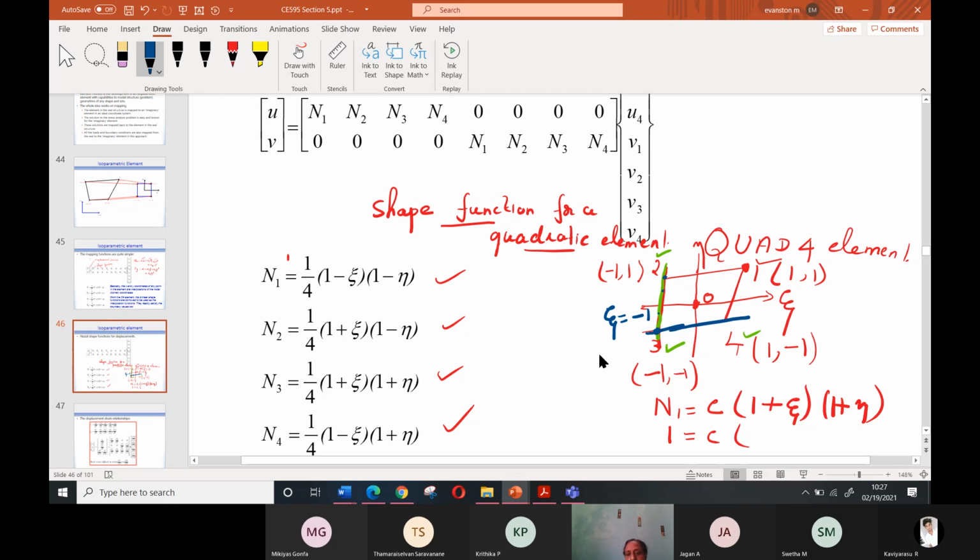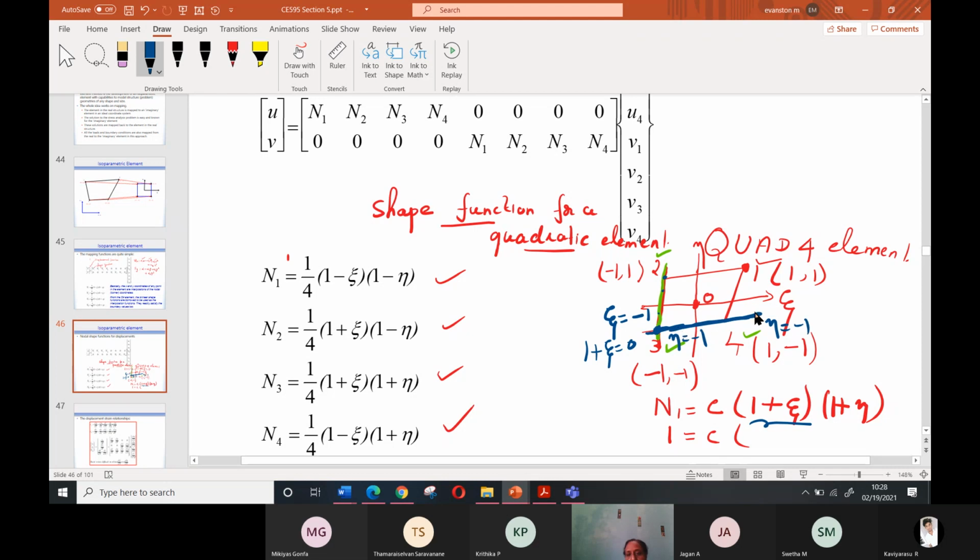So that's why I have written 1 plus xi is equal to 0. All the other quantities should not be equal to 1; that quantity should be equal to 0. If you take this line, what is eta? Eta value for this line? At this node, eta is equal to -1, and here also eta is equal to -1.